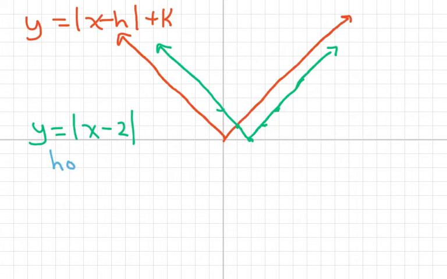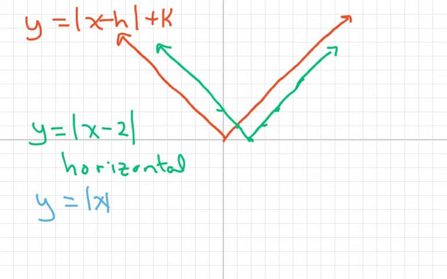Whoops, let me do that in green. So that's the horizontal shift, to the right by 2 units. And I'll do the vertical shift. I'm going to shift it up by 3. So I'm just going to shift everything up by 3. That's the vertical shift up by 3.